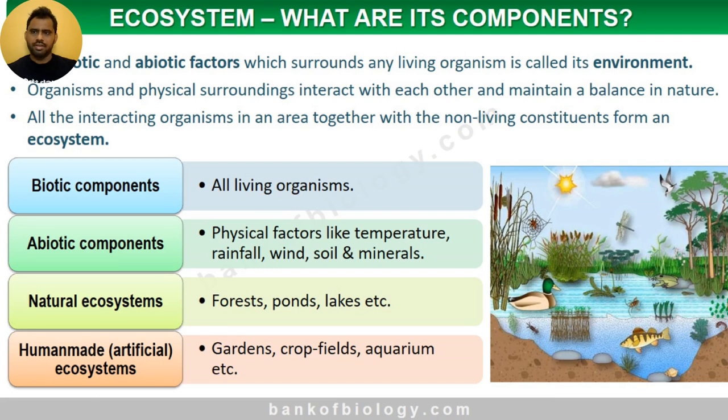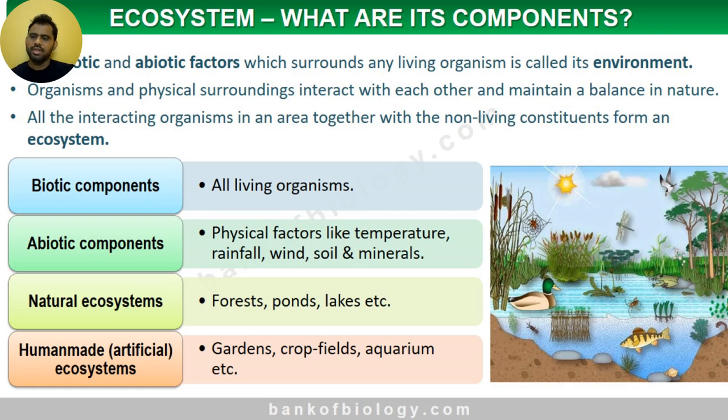And then there is something called a natural ecosystem. Natural ecosystem means something that is made by God. God made. It is nature. So natural ecosystems like the forests, ponds, lakes.